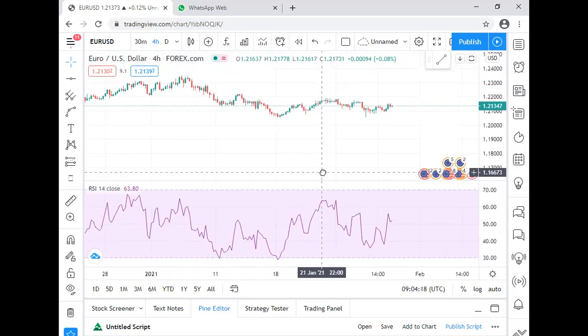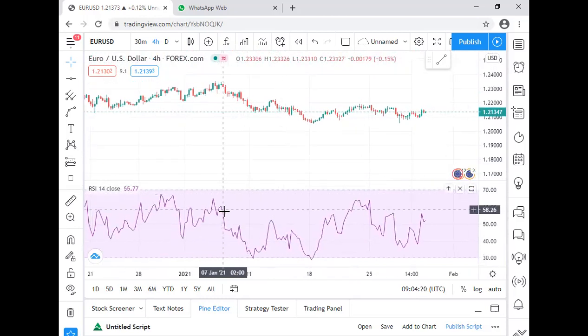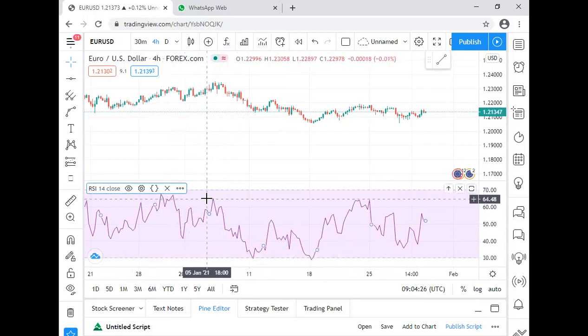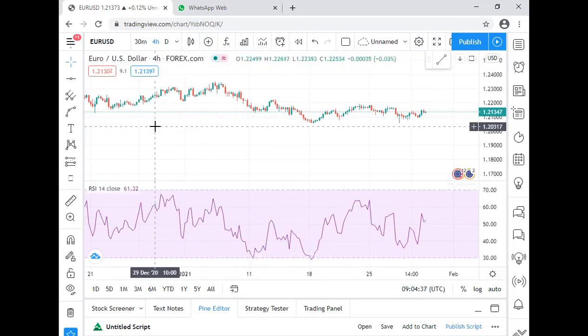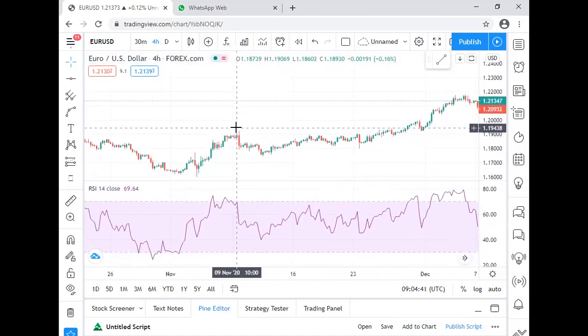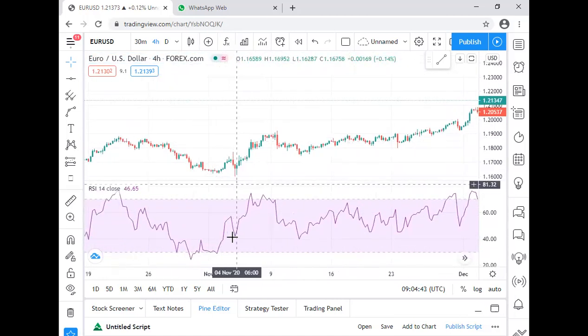At this point here, we have RSI being close to 70, which signals the overbought region. That is, when you have RSI at 70, you know that price is at overbought region.